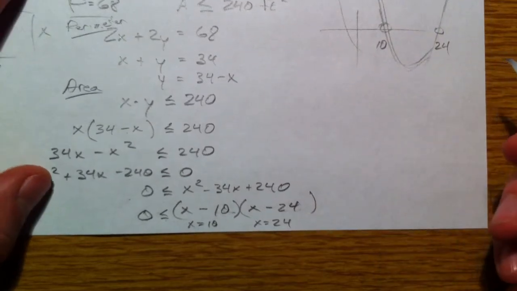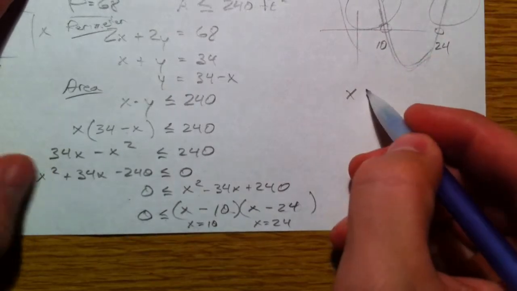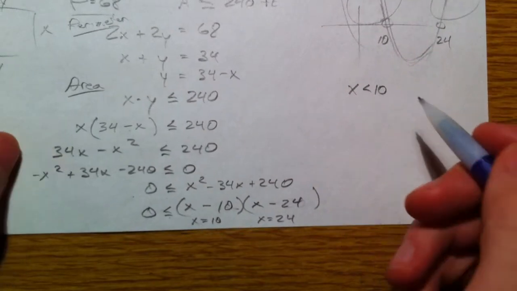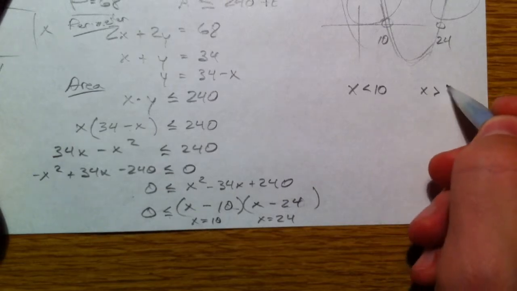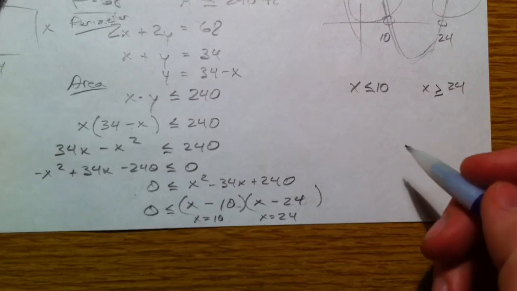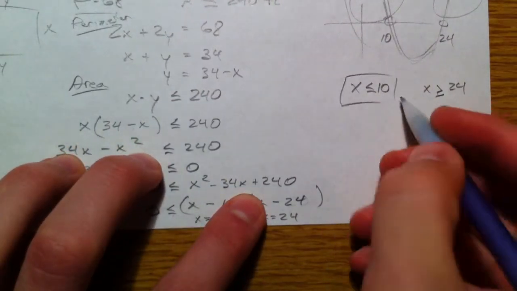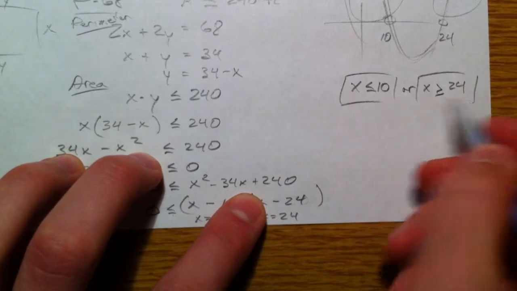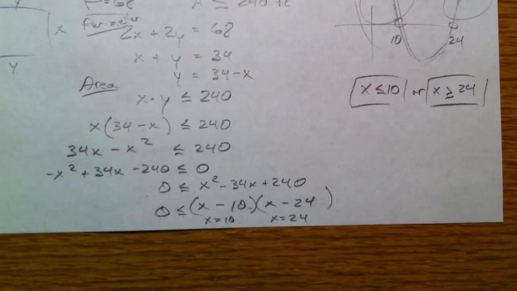We want it to either be over here or over here. So the width has to be less than 10 or greater than 24. And I'm going to say less than or equal to because it could be equal to that amount. And so x has to be less than or equal to 10 or x has to be greater than or equal to 24.